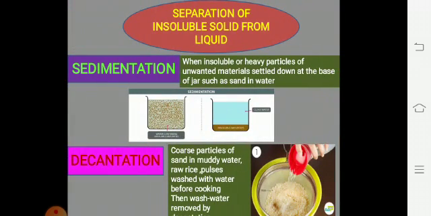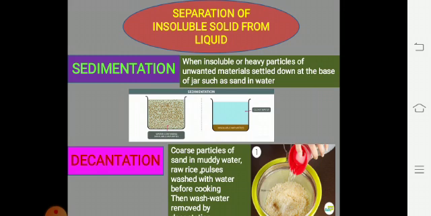Next, separation of an insoluble solid from liquid. In this method we are going to separate insoluble substances, whether it is sand, chalk powder, or muddy water, soil, etc. The first one is sedimentation.